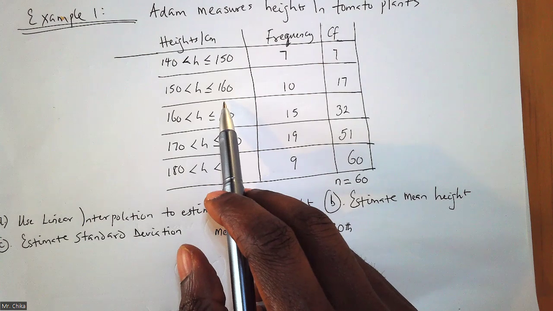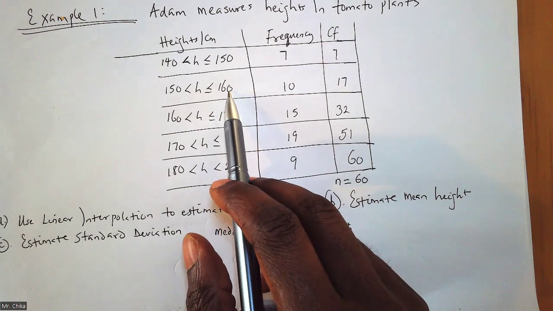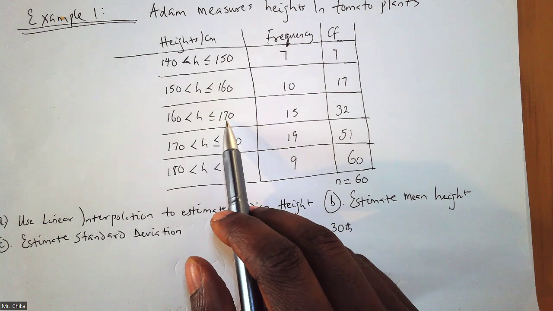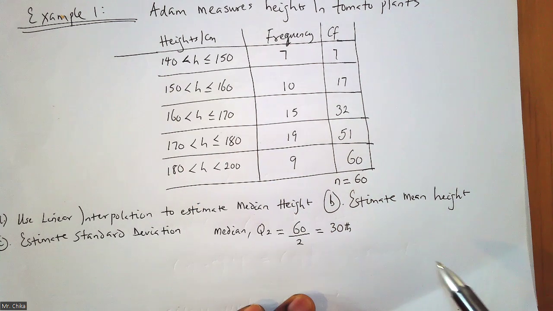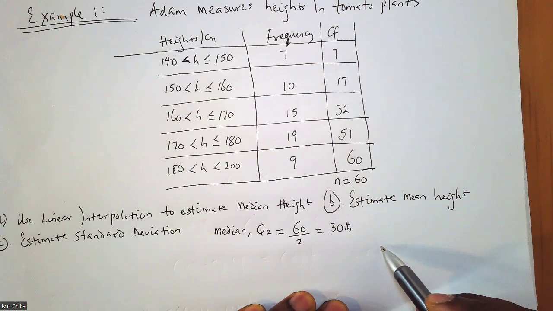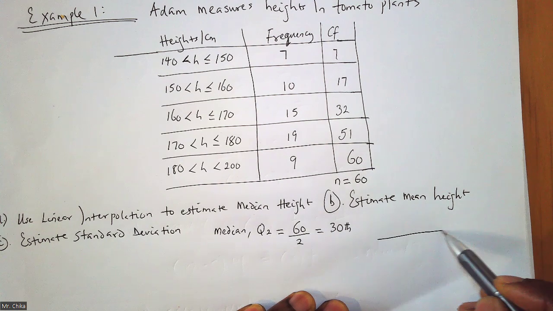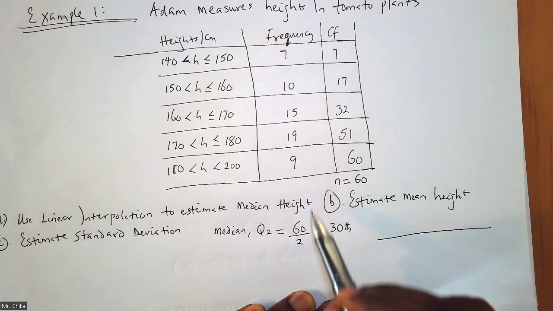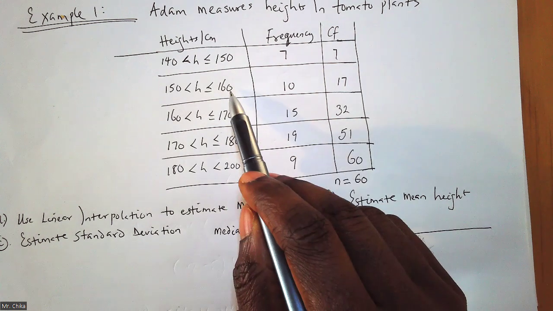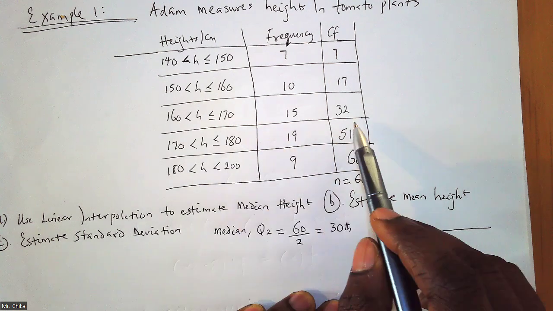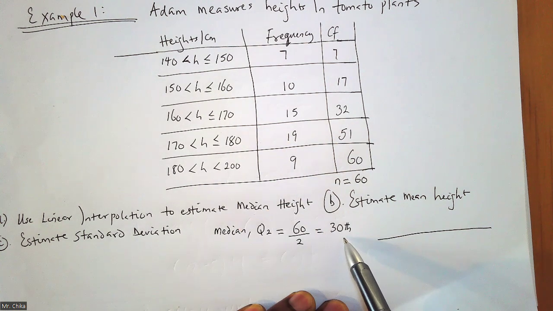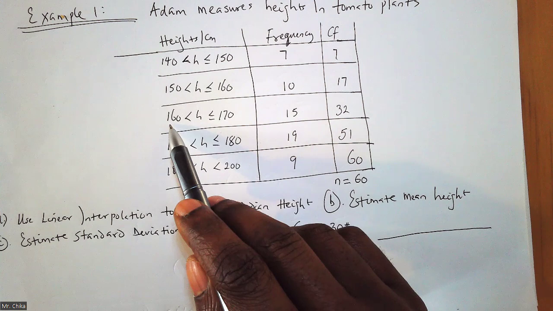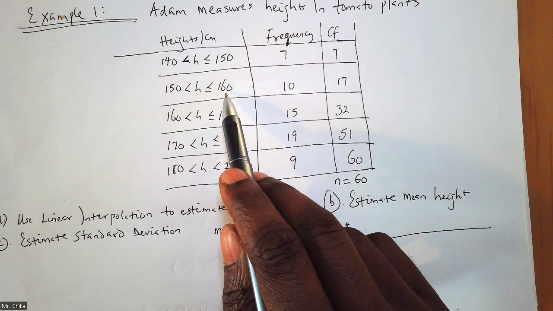So it means our median is between that boundary there and that boundary there. Okay, let's compare it. Let me show you what I mean. So if we compare it here, our median appears between 160 and 170 because it's the 30th. 160 begins here.